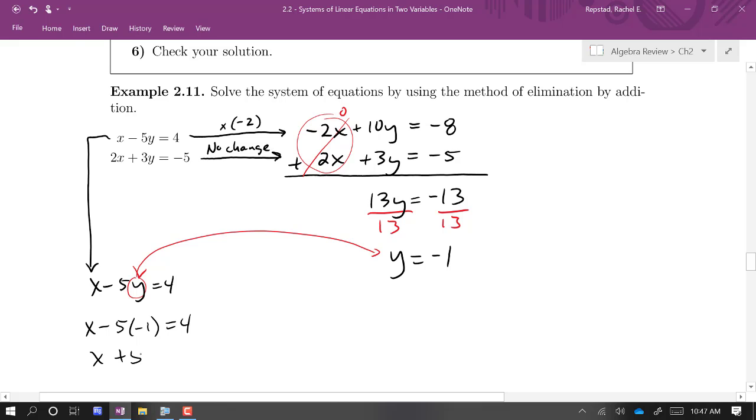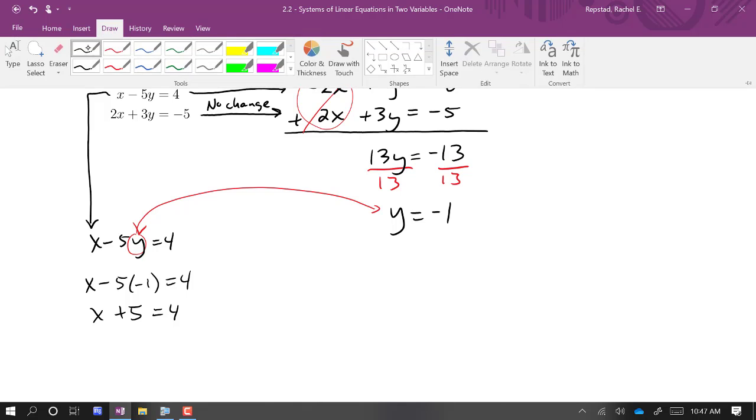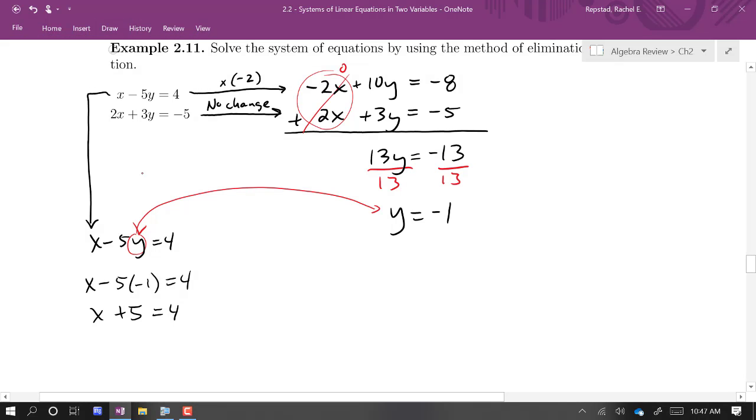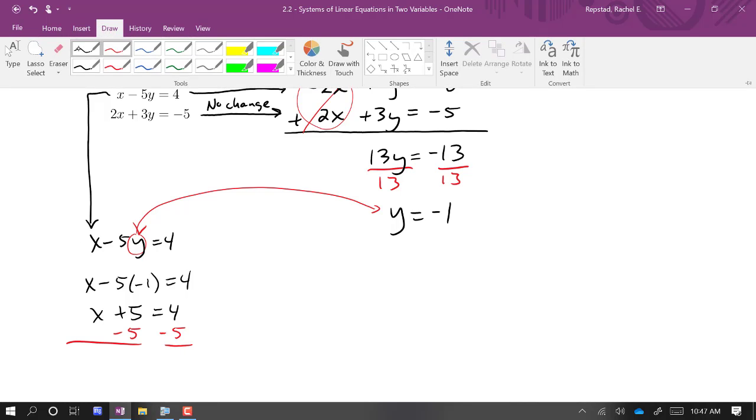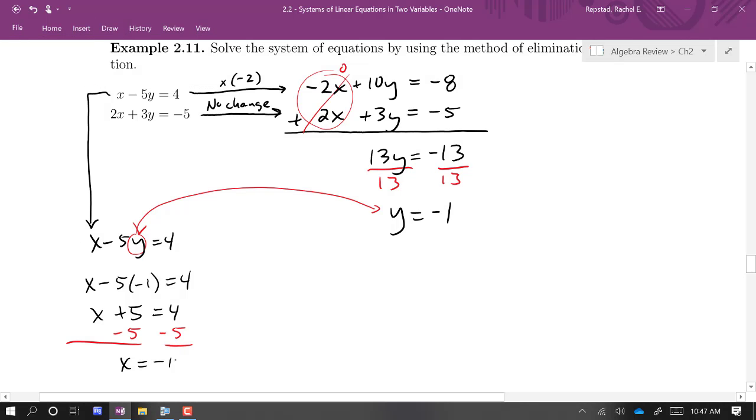So that's x plus 5 equals 4, and if we subtract 5 from both sides, we get negative 1 again. So the solution to the system is x equals negative 1, y equals negative 1.